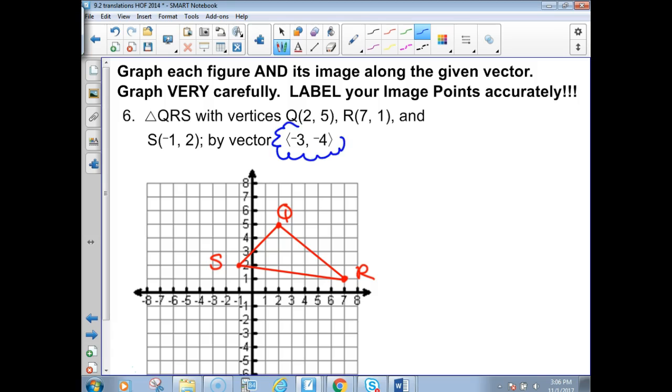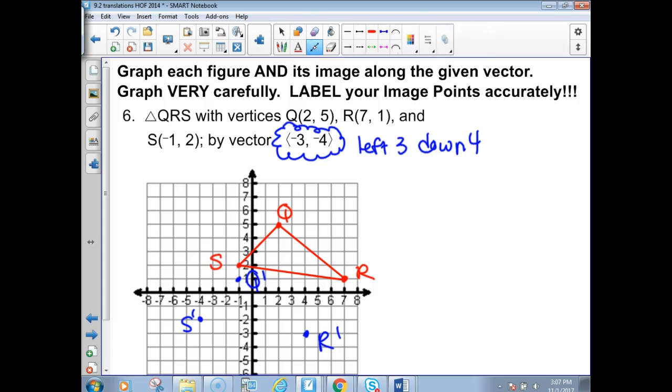The vector is -3, 4, which would mean left 3, down 4. So I'm physically just doing it. 1, 2, 3, 1, 2, 3, 4. Then connect those points.